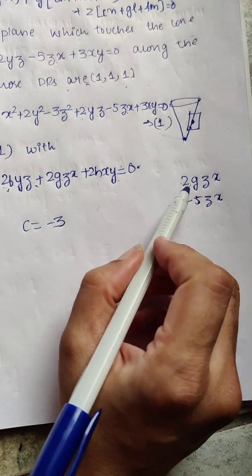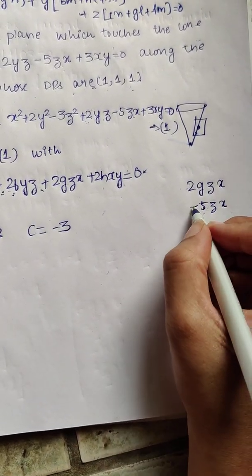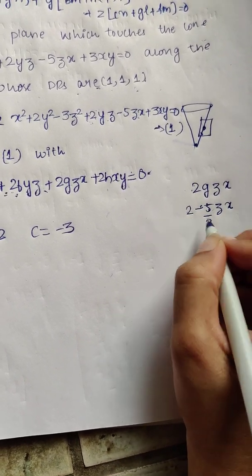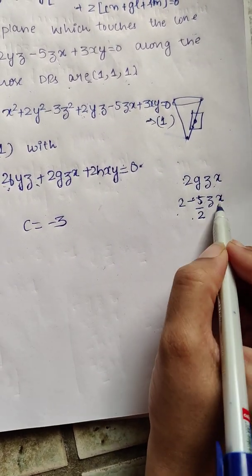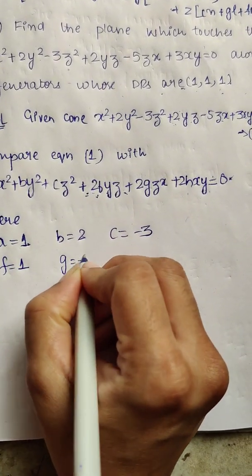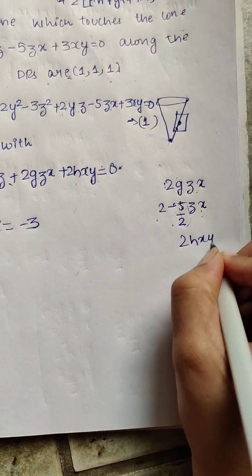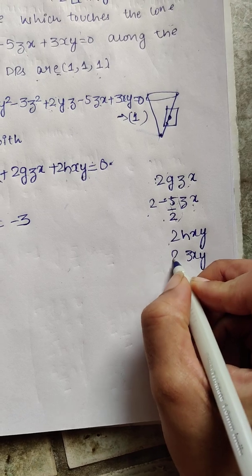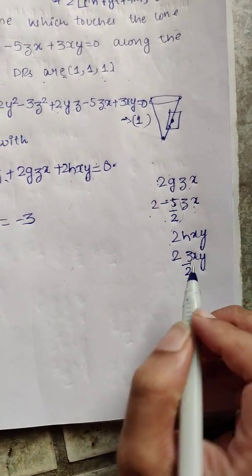When comparing, both equations should look alike, so I multiply and divide by 2. Then g is −5/2. Similarly, 2hxy versus 3xy: multiplying and dividing by 2, h is 3/2.